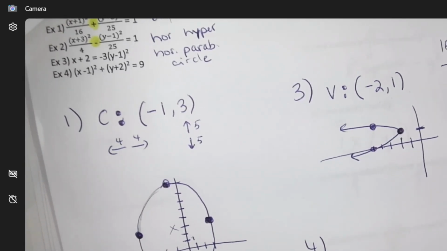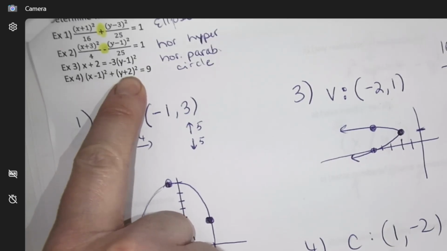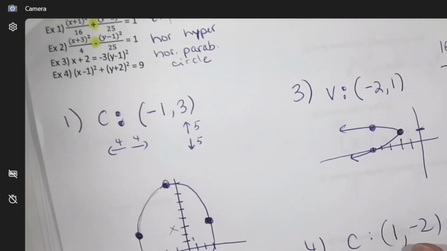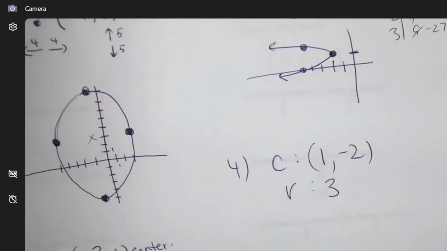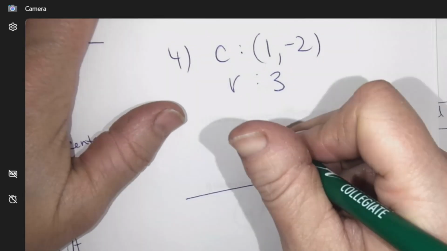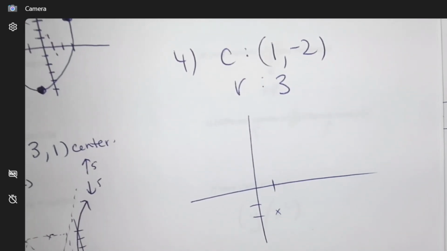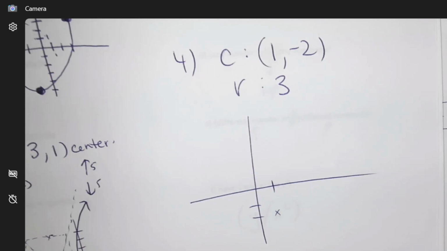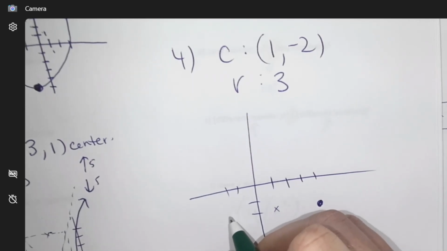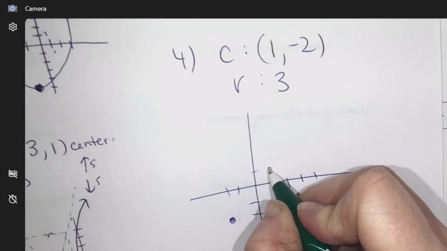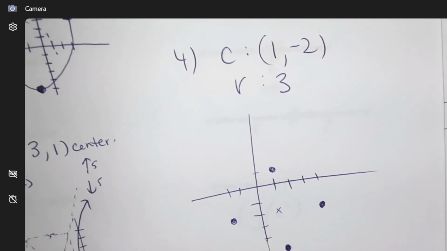All right, last one was a circle. So then the center was +1, -2. And then the radius is 3. X marks the spot, center. 3, 3, 3, 3.